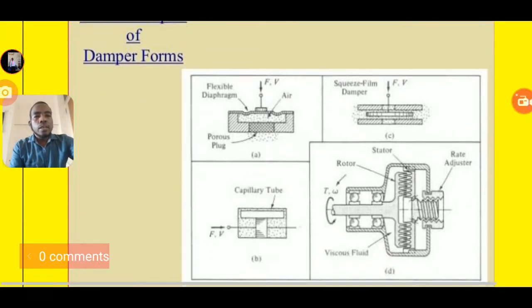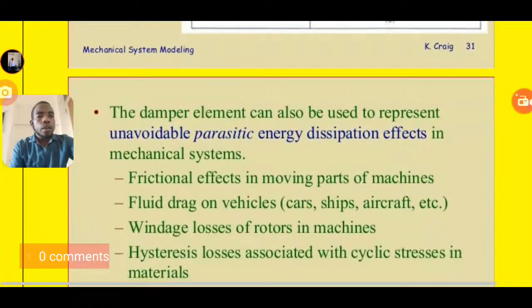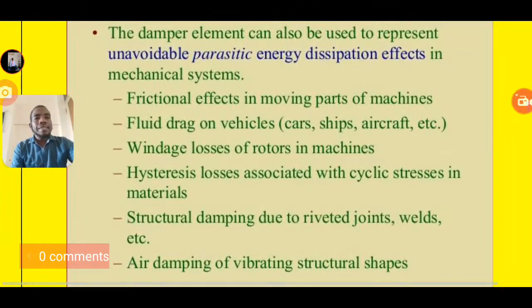So other examples for damper performance we can see like this. And the other thing is, the damper element can also be used to represent unavoidable parasitic energy dissipation effects in mechanical systems.